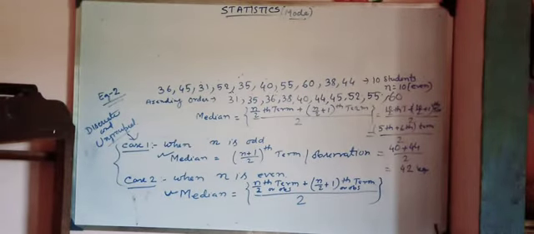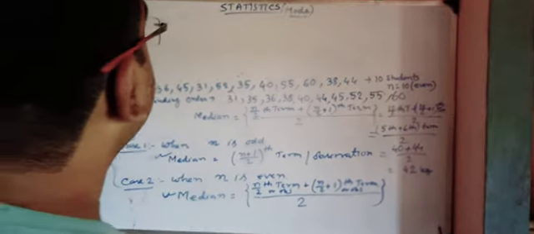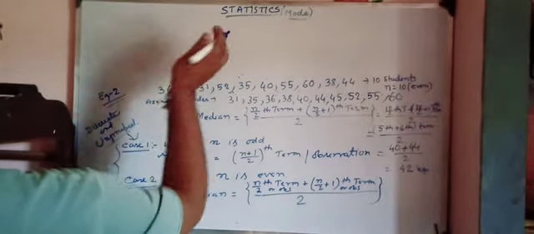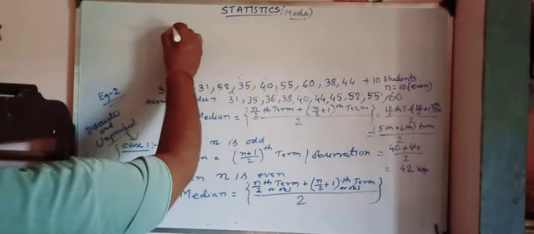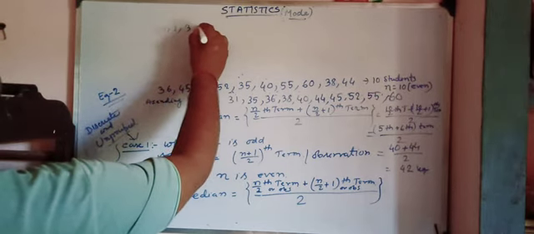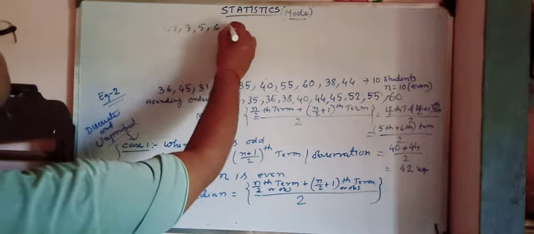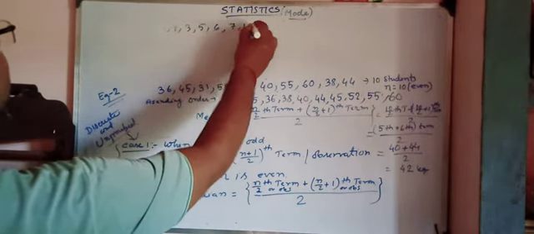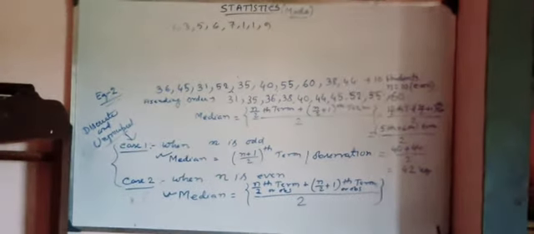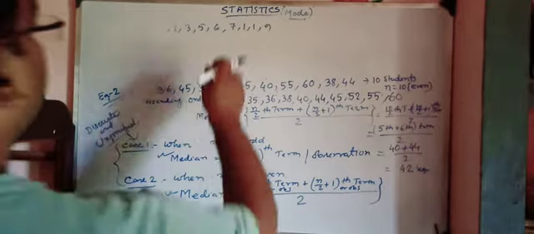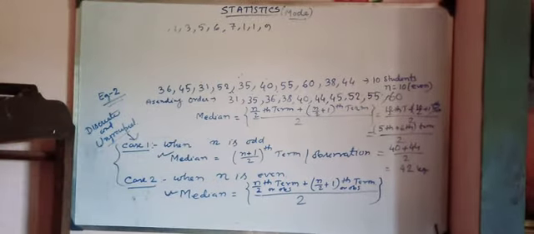Suppose we are taking some data: 1, 2, 3, 5, 6, 7, 1, 1, 9. We have to find the mode of this distribution.